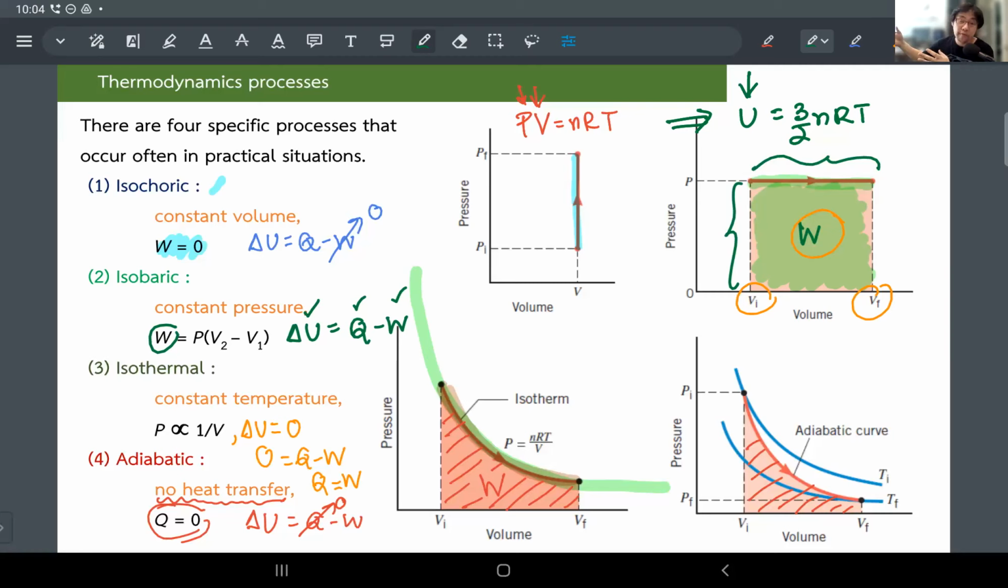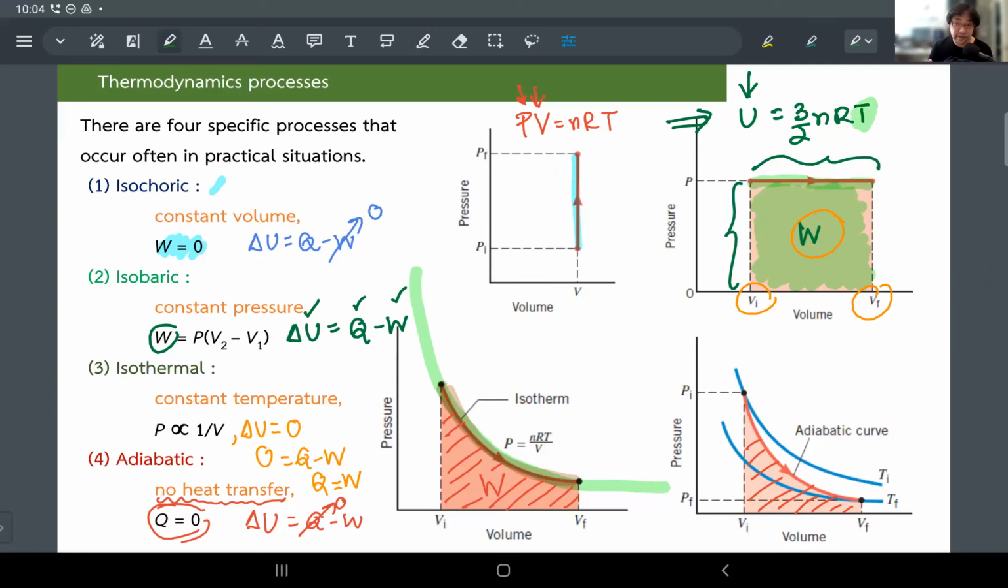That's a mouthful, but now we can simply call this whole thing internal energy. The nice thing about this is it only depends on temperature.